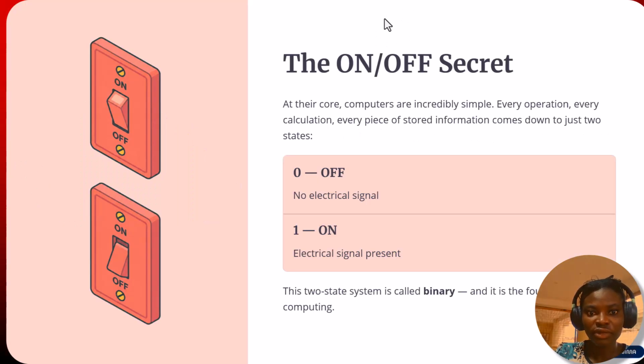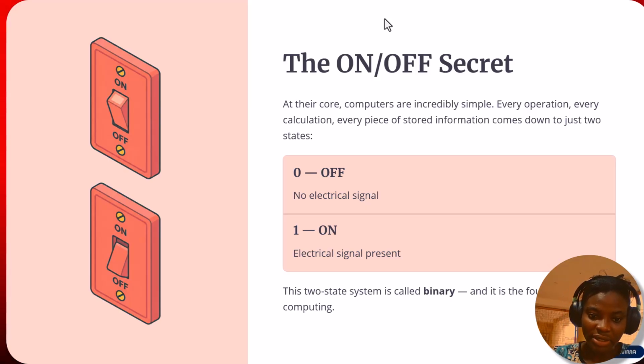Let me ask, what is data? Before we look at how computers represent data, let's first understand what data means. Okay, data refers to facts, information, or values that can be collected, stored, processed, and used by a computer. Examples of data include names, numbers, letters, pictures, audio, videos, and documents.